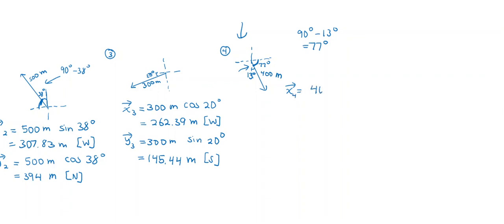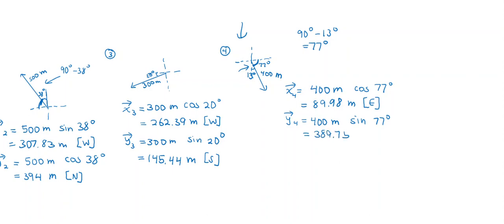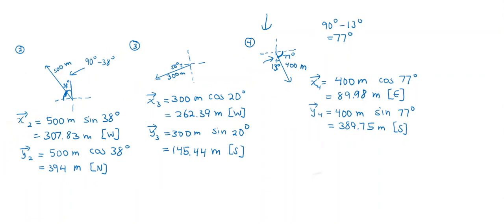So 400 meters cos 77 degrees, which is 89.98 meters in the east. And then 400 meters sine 77, which is 389.75 meters south.